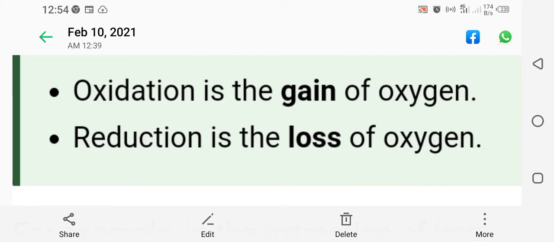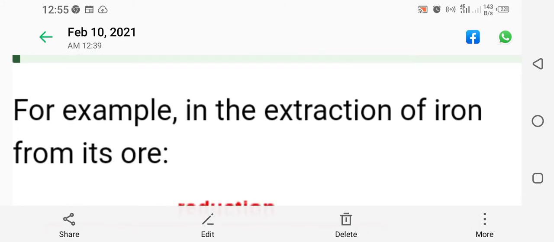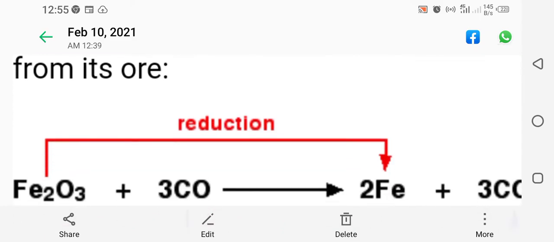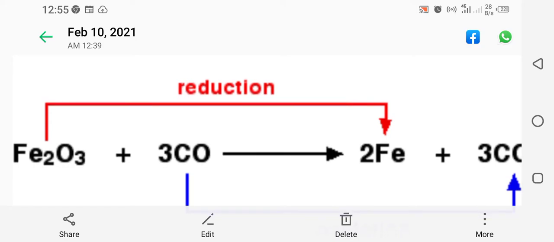What are oxidation and reduction? Now we are starting the definitions as well as the explanation. Oxidation is the gain of oxygen, addition of oxygen, and reduction is the loss of oxygen or removal of oxygen. For example, in the extraction of iron from its ore, Fe2O3 plus 3CO, 3 carbon monoxide, forms iron and carbon dioxide.